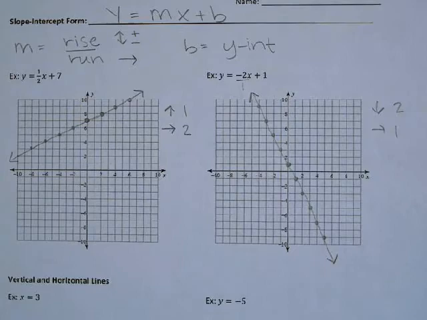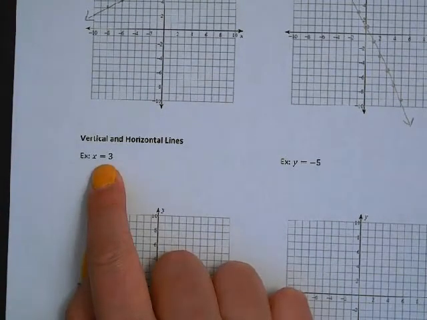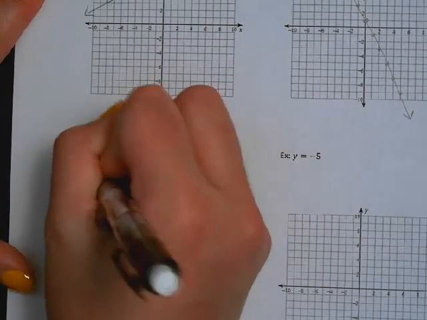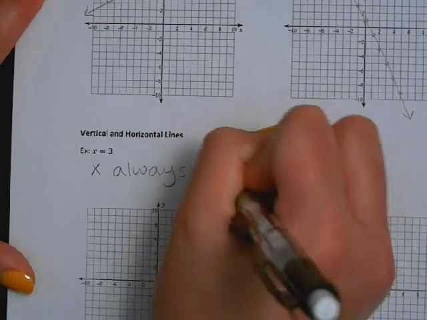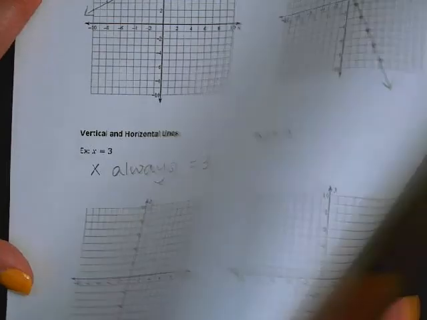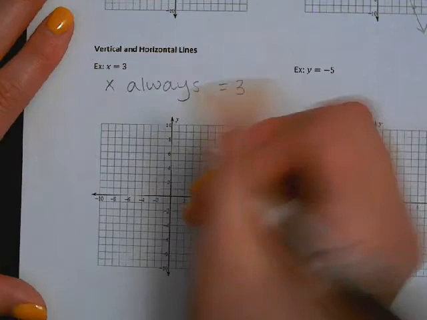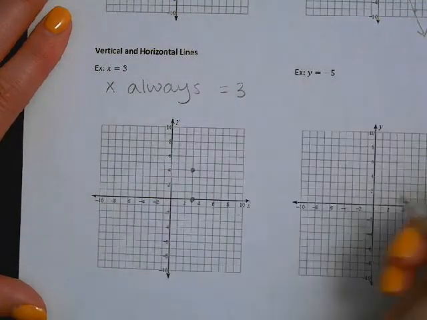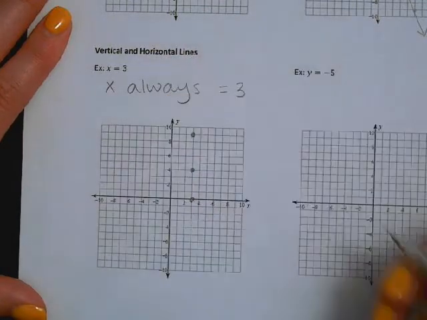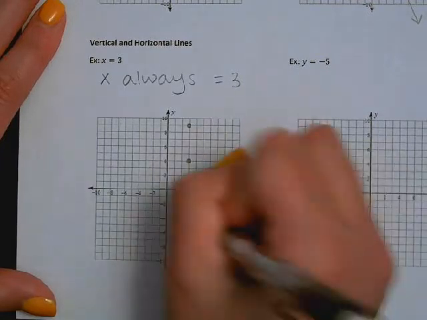All right, next we have vertical and horizontal lines. When you see an equation that doesn't have a y in it, it just has x equals a number, what that literally means is that x always equals 3. That gives you points like (3, 0), (3, 4), (3, 9), (3, -10), and (3, -3).